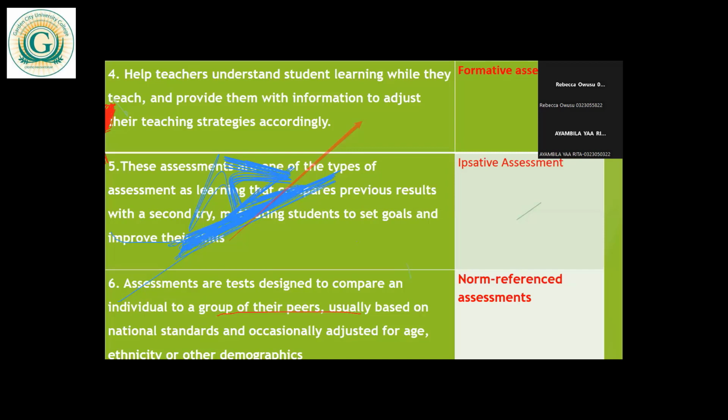And we realize at the end of the day, one will help us to meet our goals. So yes, assertive assessment could be at that level, comparing two results. You do the first one, it does not produce the expected results, then you have to undertake the second one to assess. So that could be one.